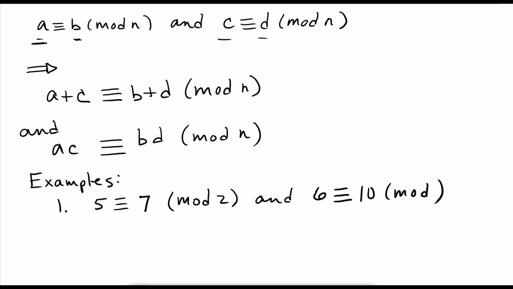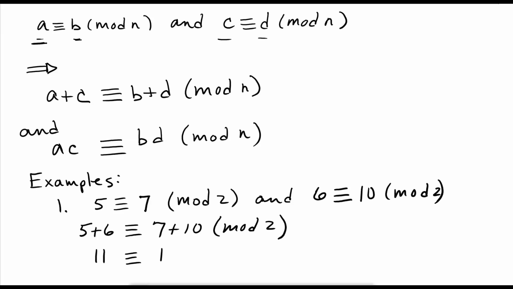And 6 minus 10 gives me a negative 4, which is a multiple of 2. So we know that 5 and 7 are congruent modulo 2, and 6 and 10 are congruent modulo 2. So that would mean that 5 plus 6 should be congruent to 7 plus 10 modulo 2. 11 is congruent to 17 modulo 2.